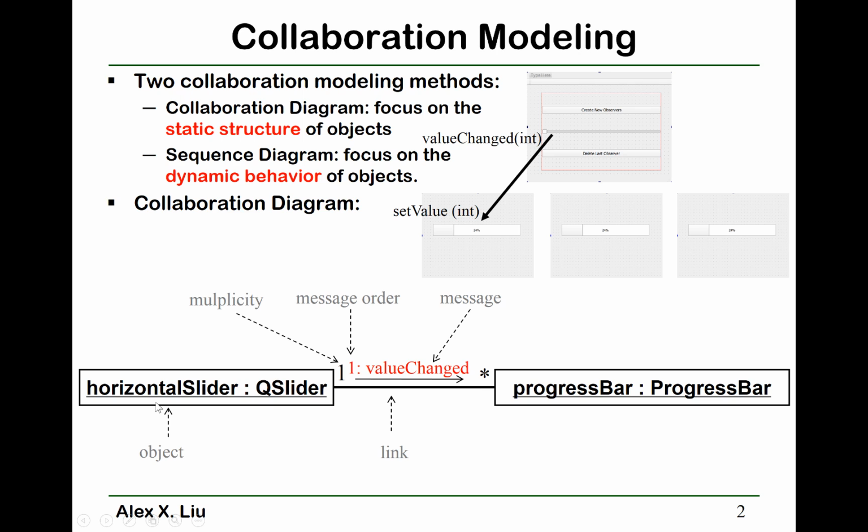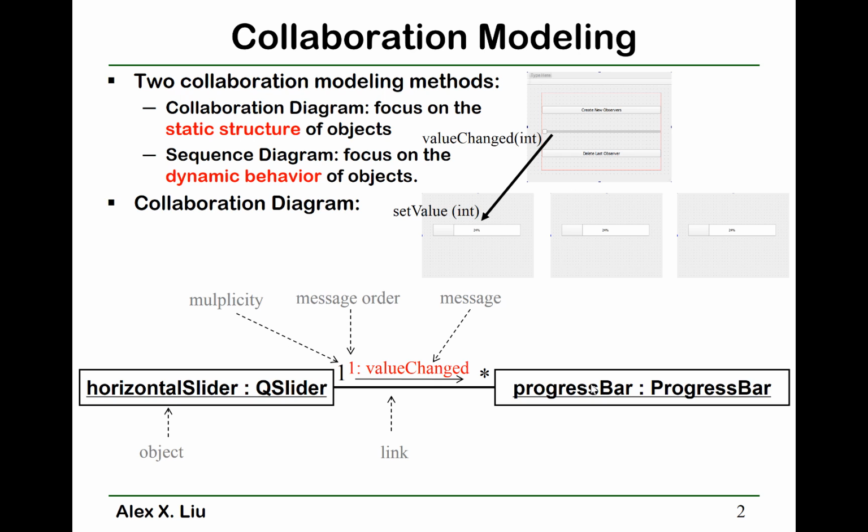The progress bar has a function called value changed, and the horizontal slider can call this value changed function in the progress bar. That can also be modeled as the horizontal slider sending a value changed message to the progress bar.